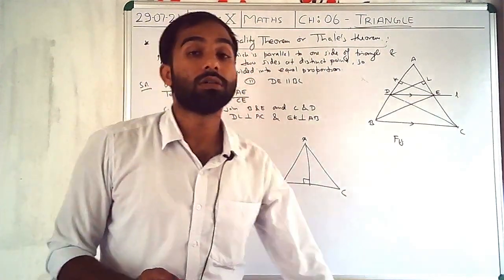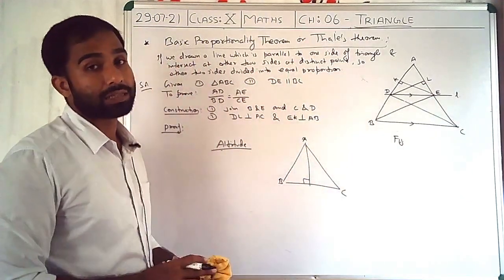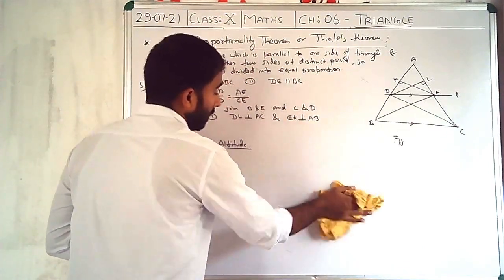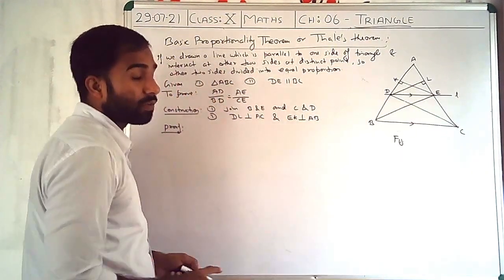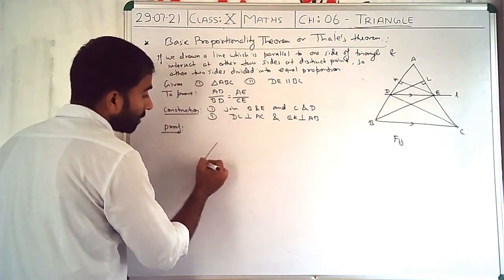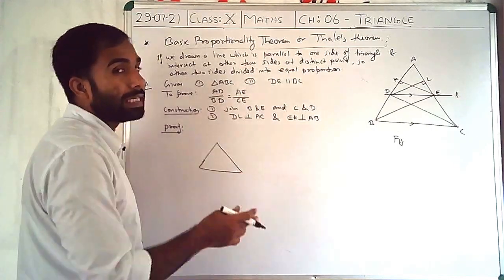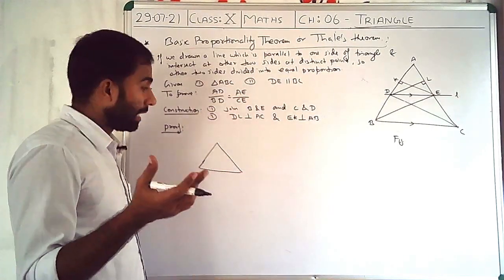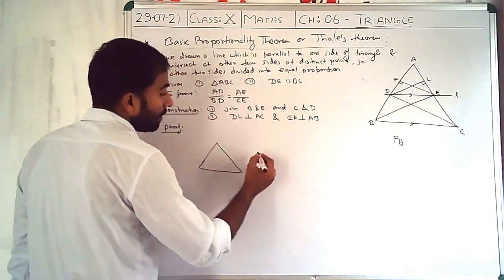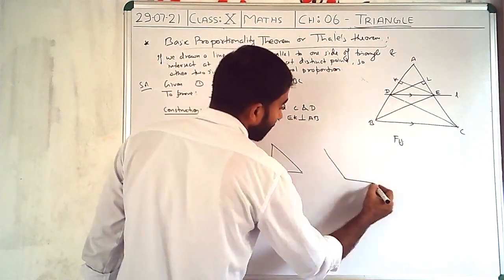You can also categorize triangles on the basis of angle. On the basis of angle, triangles can be categorized into many parts like the acute angle triangle, those triangles in which all the interior angles are less than 90 degrees, the right angle triangle and the obtuse angle triangle.